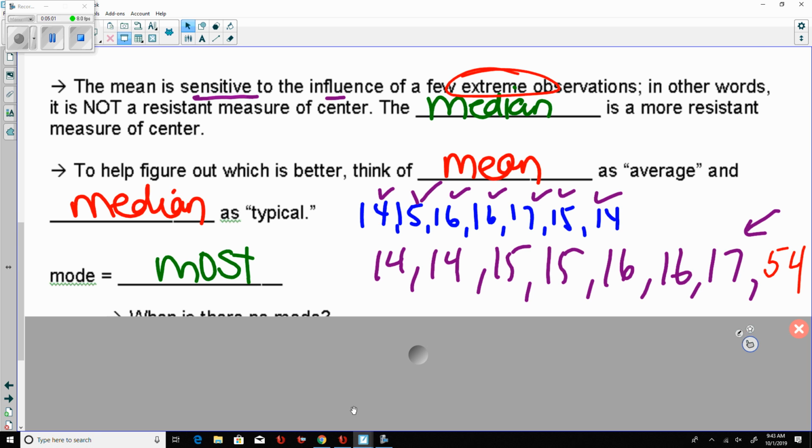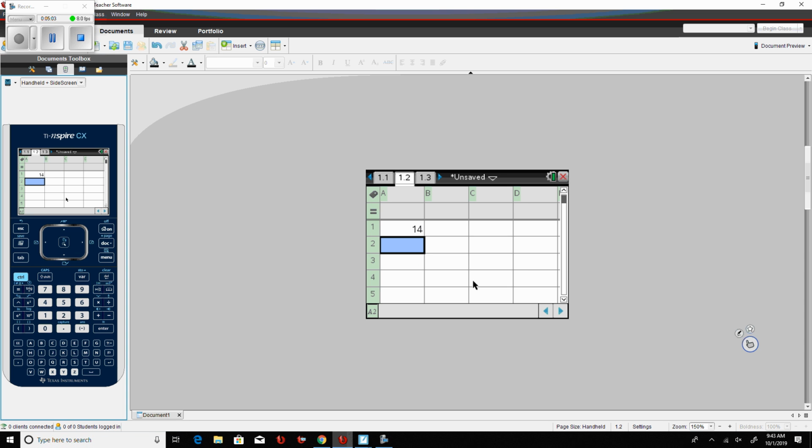Okay, so I had 14, 15, 16, 17, and then maybe another 16, 15, 14. I think that's what I had. But that's all right, right? I still accounted for both of them. All right, something like that, okay?